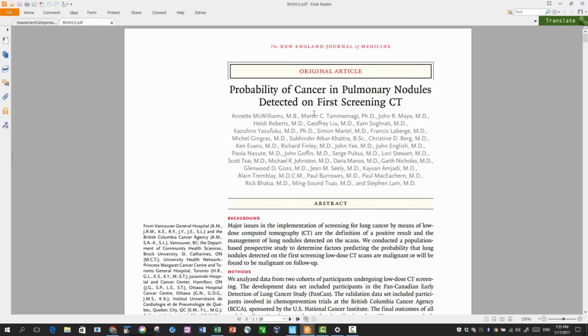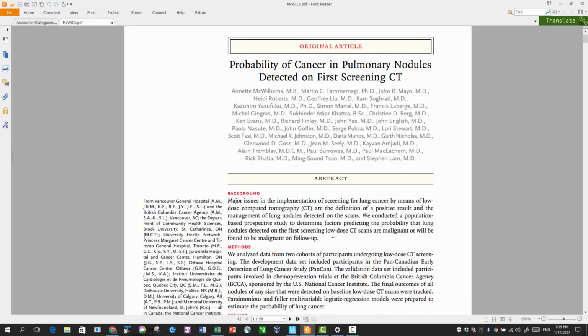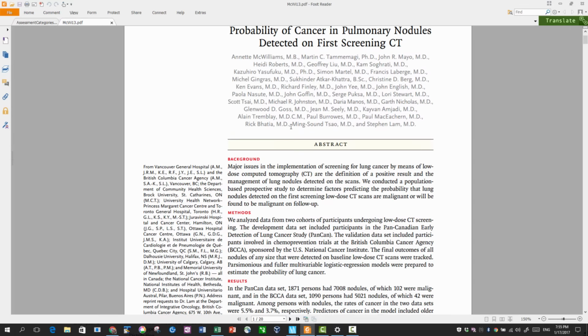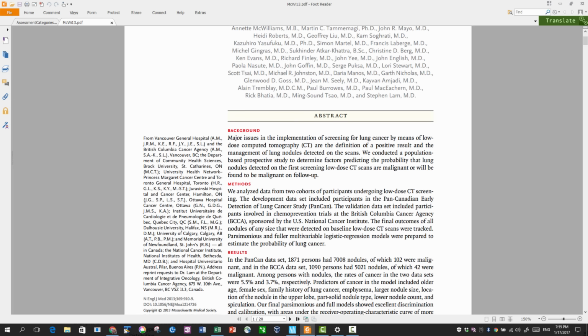This model that we're using here was published in the New England Journal of Medicine in 2013 by the Canadian group, and they analyzed the nodules they found in their screening program. They made a multivariate logistic regression model to predict for every individual nodule the probability that it is malignant.